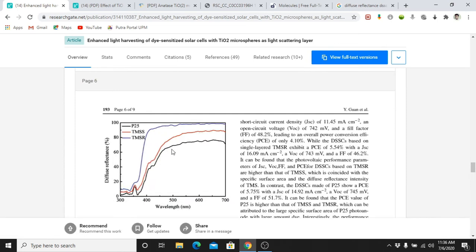First, they compare with the bare one. They said that the modified photoanode has higher diffuse reflectance because of high light scattering ability. It can scatter more light. They also compare in terms of size, because the modified one has a bigger size compared with the bare photoanode. So let's look at the other journal.